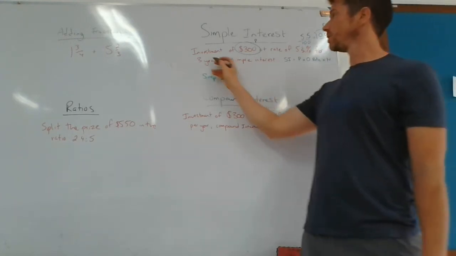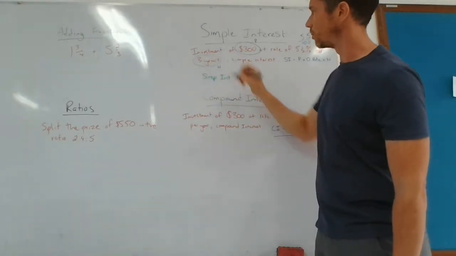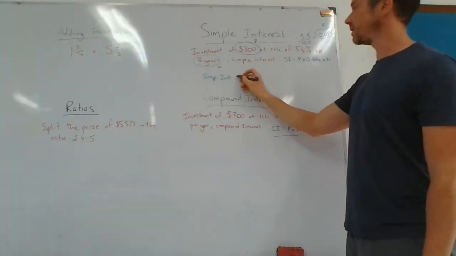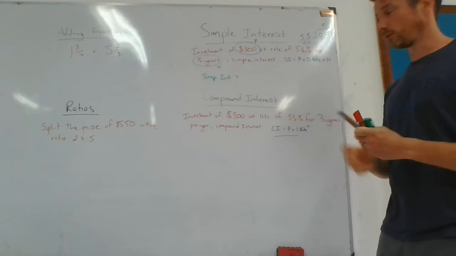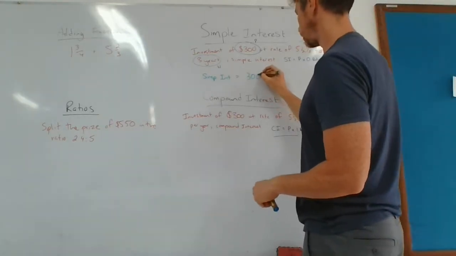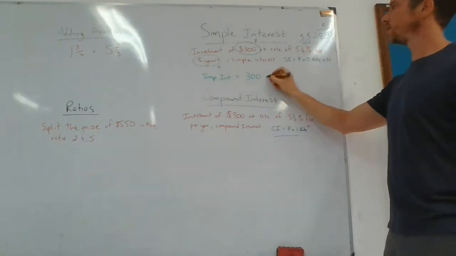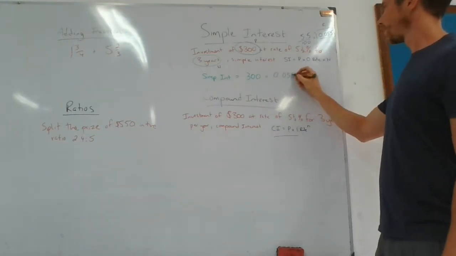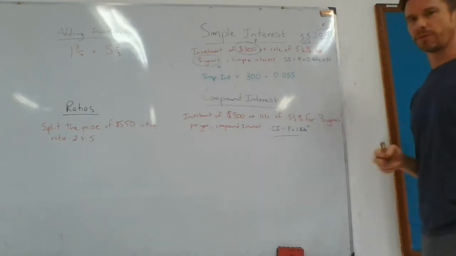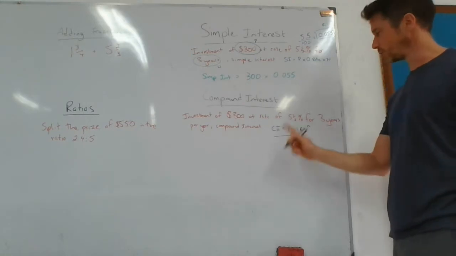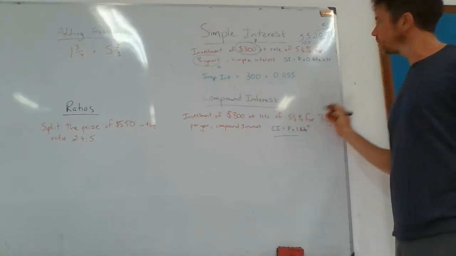And then 3 years, that's n, number of years. So simple interest in this case is, let's do it in green, the principal, 300, multiplied by 0 point the rate. That's what the 0 point the rate means. It's not technically correct, but hopefully it helps, because the other one used 1 point the rate.